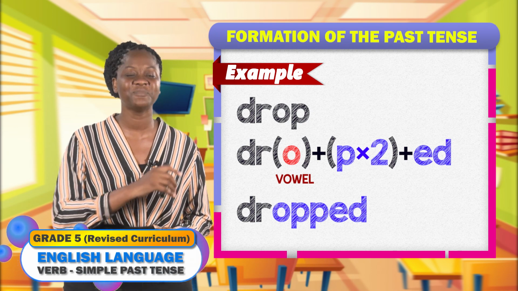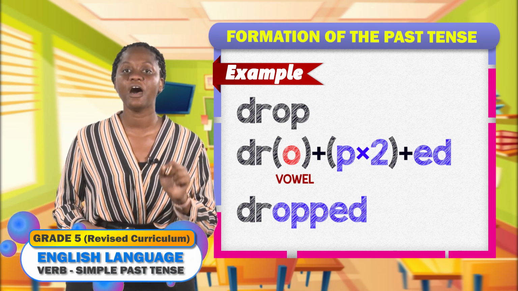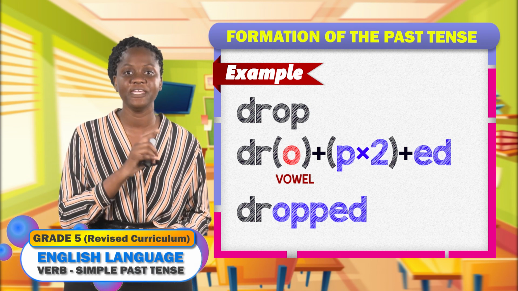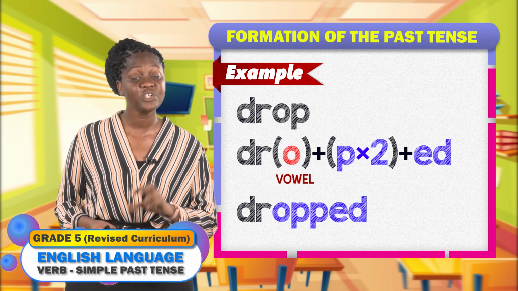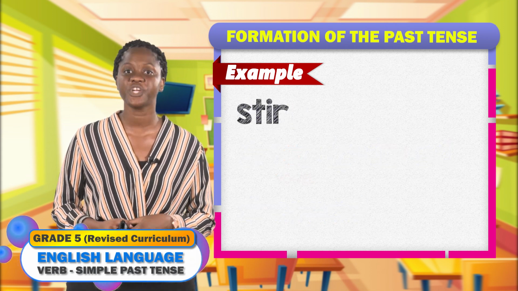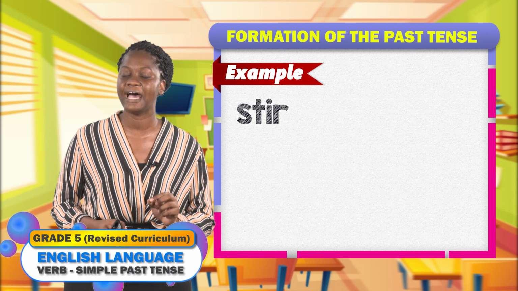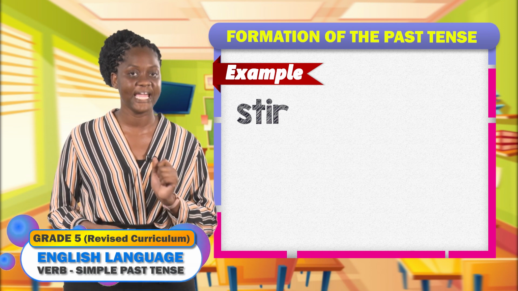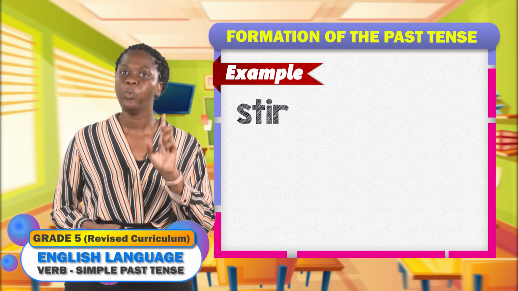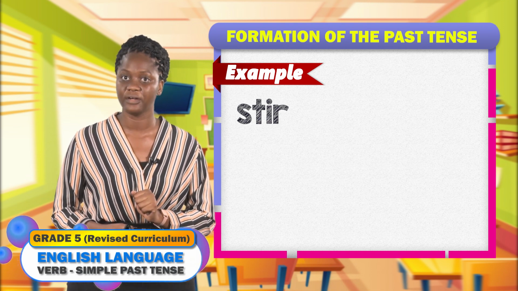So, dropped is spelled D-R-O-P-P-E-D. I think you're getting the hang of it. So let's look at the word stir, S-T-I-R. Our last letter is, yes, R. What letter comes before R?